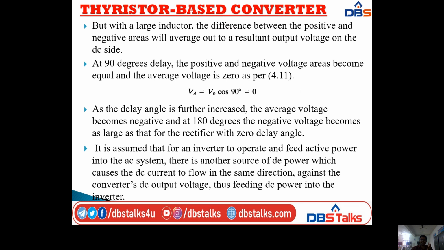But with a large inductor, the difference between the positive and negative areas will average out to a resultant output voltage on the DC side.